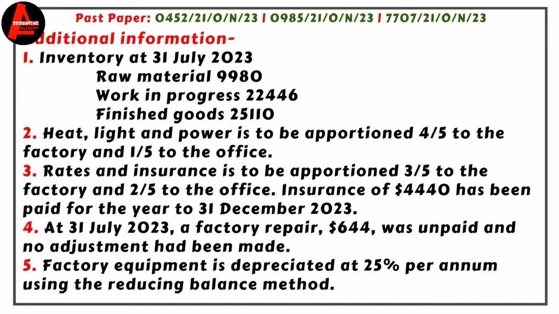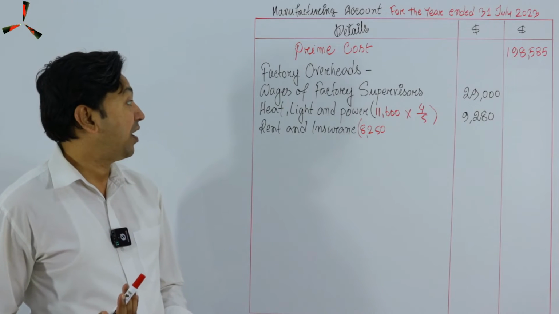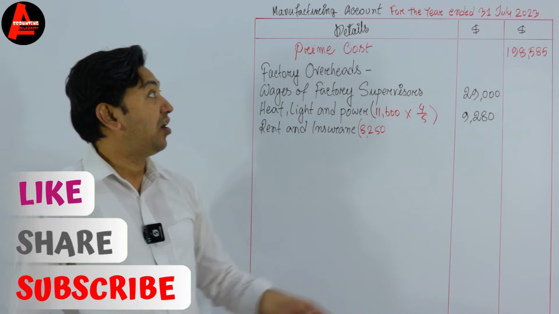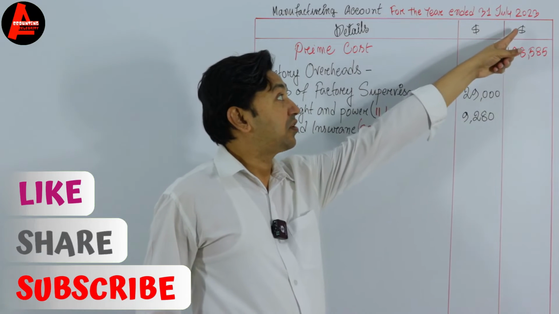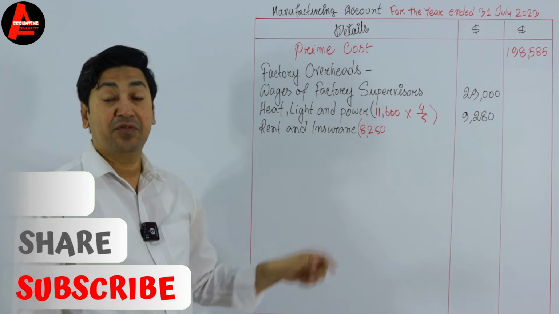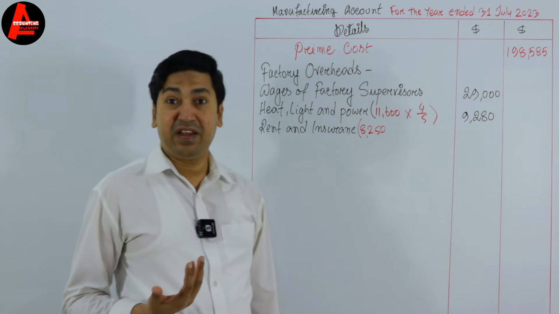Insurance of $4,440 has been paid for the year to 31st December 2023. Our financial year ended on 31st July 2023, but we paid insurance until 31st December 2023. So we paid in advance.